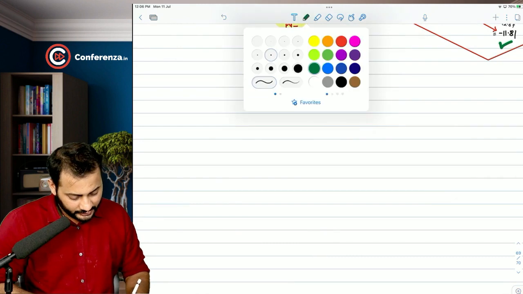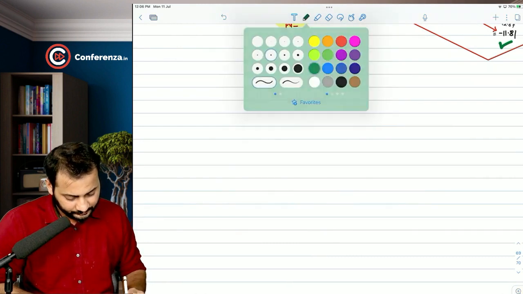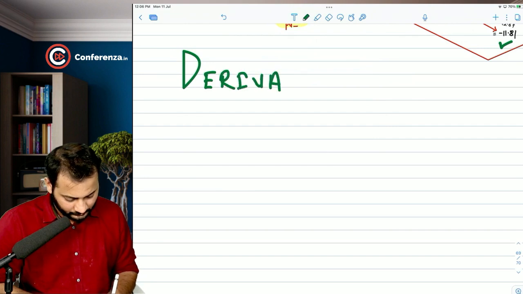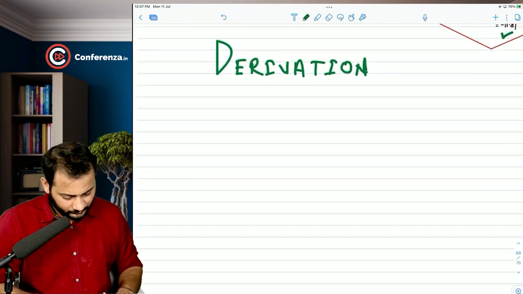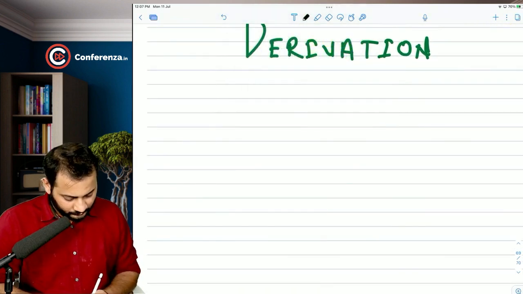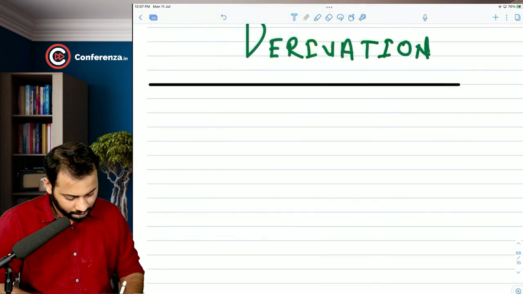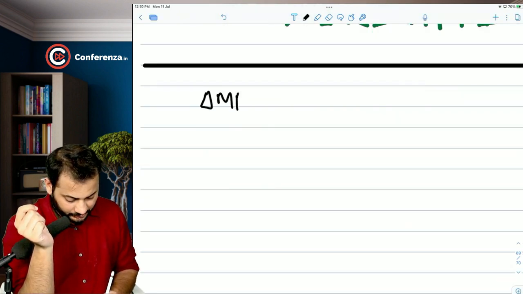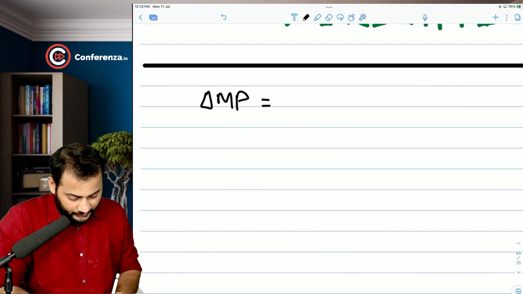We are going to write down the derivation here. We want to find the change in market price, which was nothing but minus 11.81%.